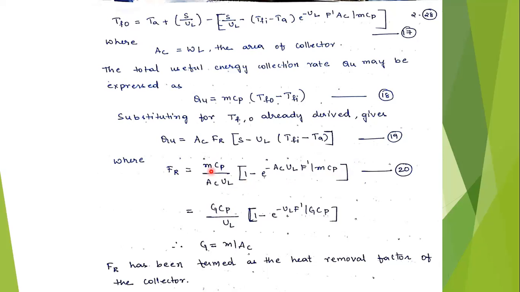Here I am taking m by Ac as G, so Fr = (G Cp / UL) × (1 − e^(−UL F' / G Cp)). This is termed the removal factor of the collector, and this is the theoretical and practical thermal analysis of a flat plate collector.